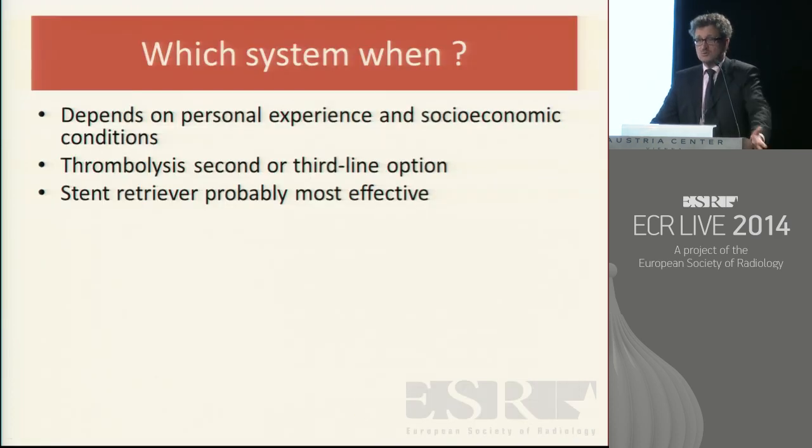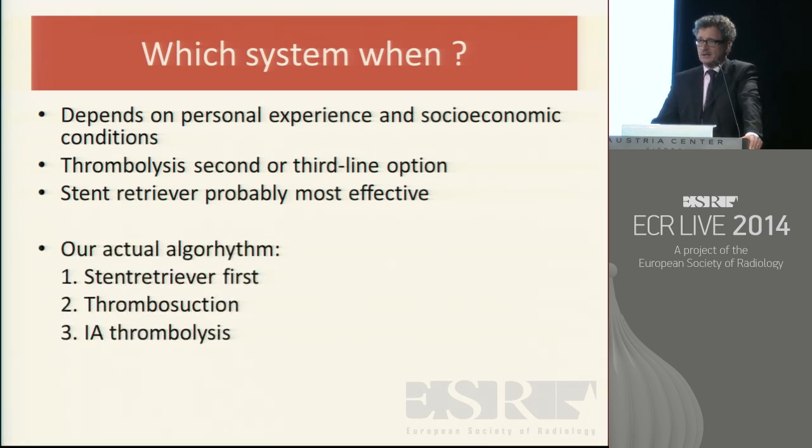So the question is, what system should we use when? First of all, it depends much on your personal experience, but also, of course, on the socioeconomic conditions in the medical system you live in. In our system, thrombolysis is now only a third-line option, but always combined with IV thrombolysis if possible. And we think that stent retrievers are most effective.